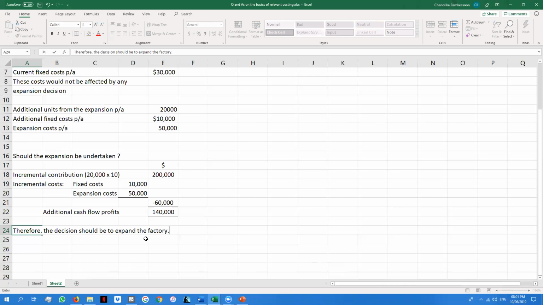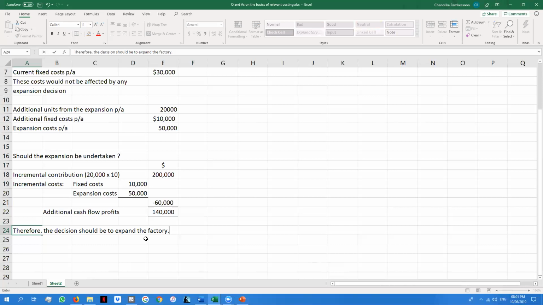But any existing fixed cost may be currently absorbed into the units. You know what we mean by that. If the current units total 100,000 and the existing fixed cost is $30,000, then $30,000 may be currently apportioned over 100,000 units.